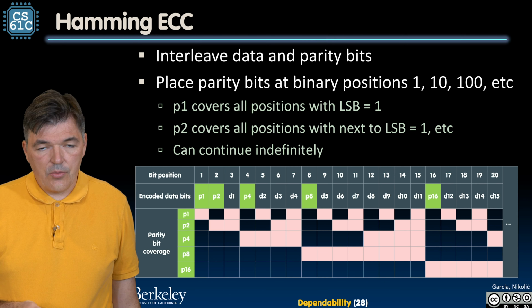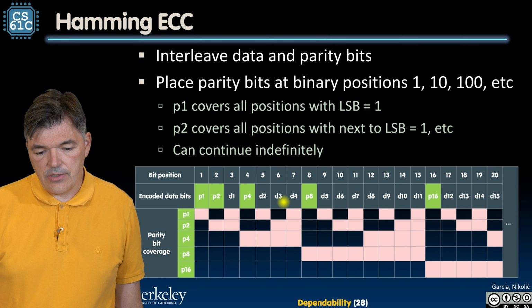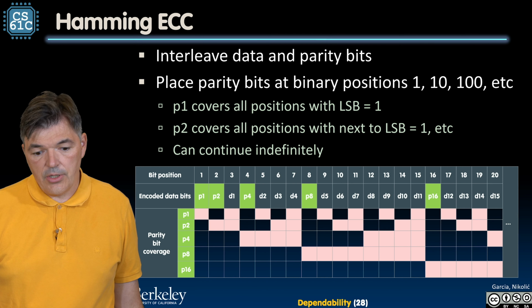So here is how an interleaving works. On top of this table here, we have bit positions of the code words that are going to be stored in the memory. 1, 2, 3, 4, 5, and so on. And then below that, encoded data bits are sitting at particular bit positions. D1 is at position 3, D2 is at position 5, D3 is at position 6, and so on.